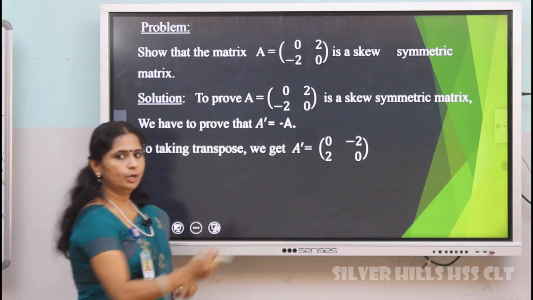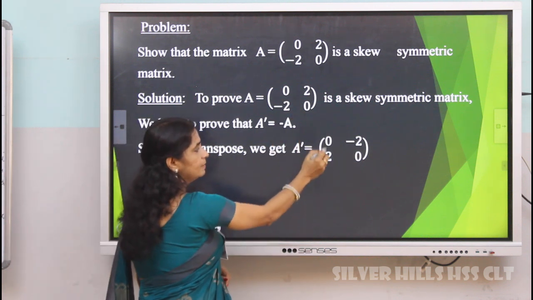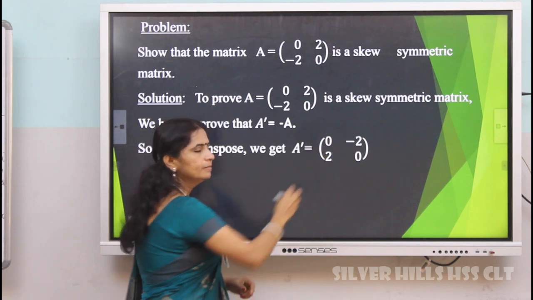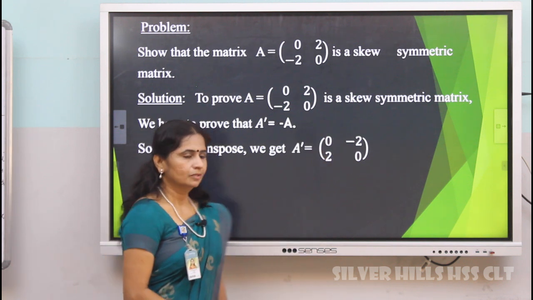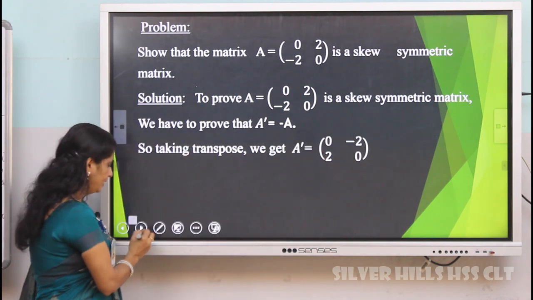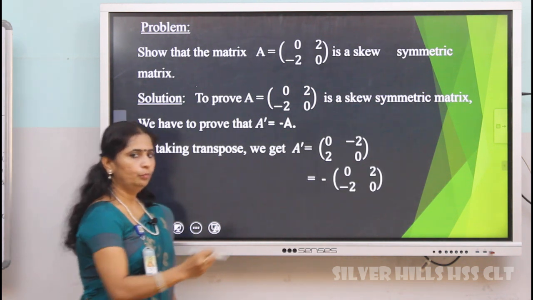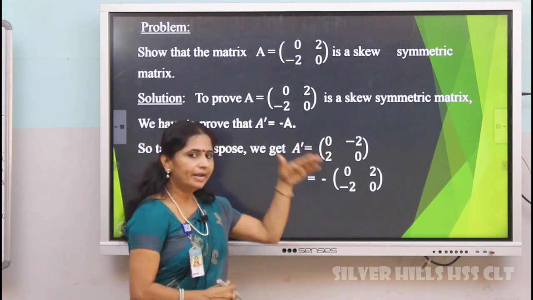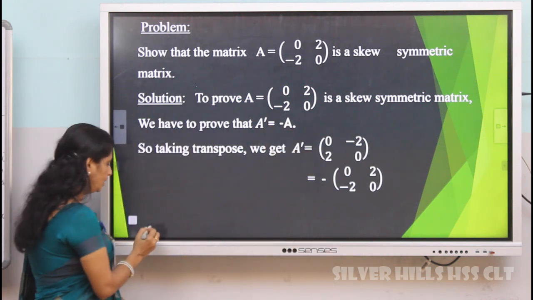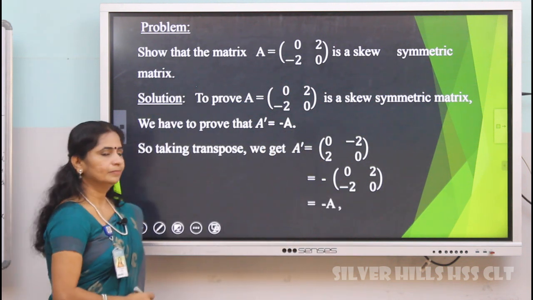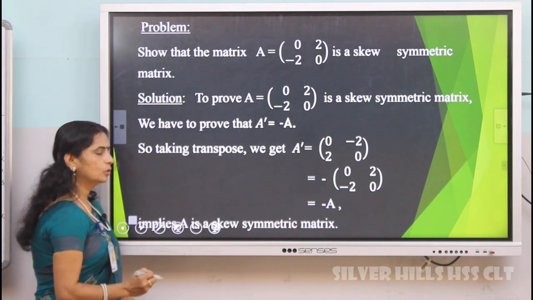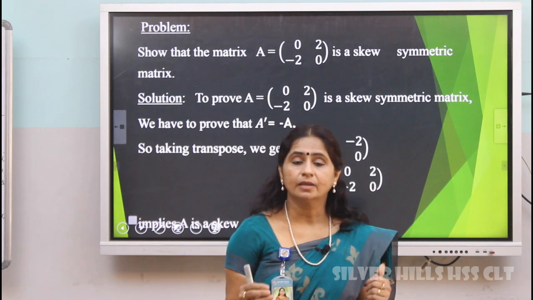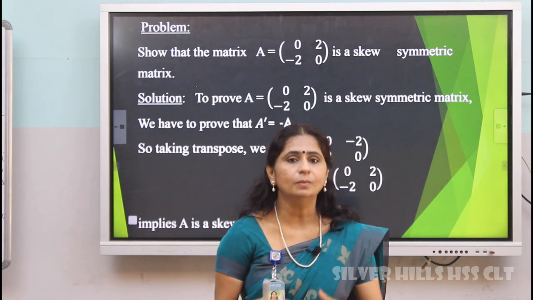A transpose is equal to the first row 0, 2 becoming the first column, and the second row minus 2, 0 becoming the second column. Now, taking the minus sign out, we get 0, 2, minus 2, 0. Now, we are getting back A. So, that is equal to minus A. Hence, we can conclude that if a matrix is a skew symmetric matrix, A transpose should be equal to minus A.